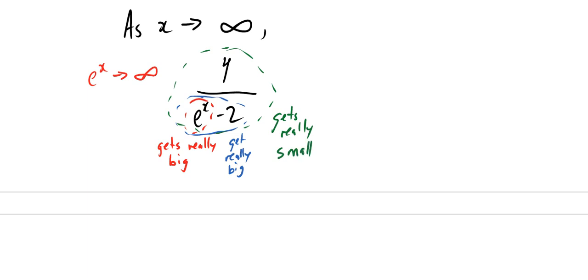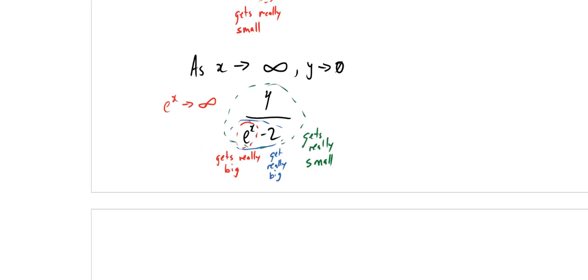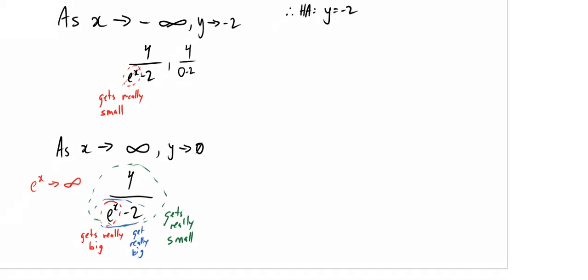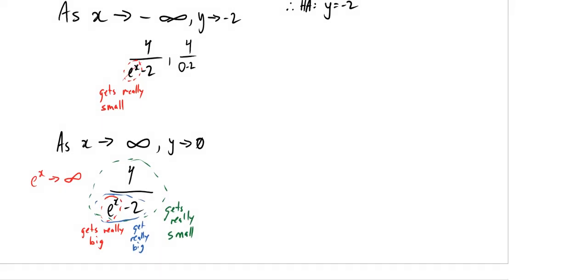What do you think our conclusion is as x approaches positive infinity? Y approaches 0. Very good. Look at this: we had a horizontal asymptote going to the left at negative 2, but we've got a horizontal asymptote to the right at 0.